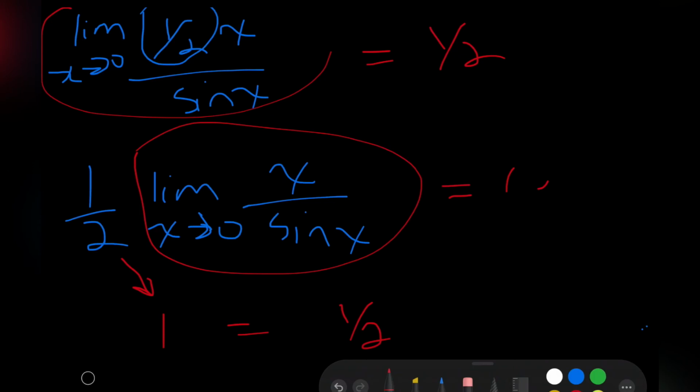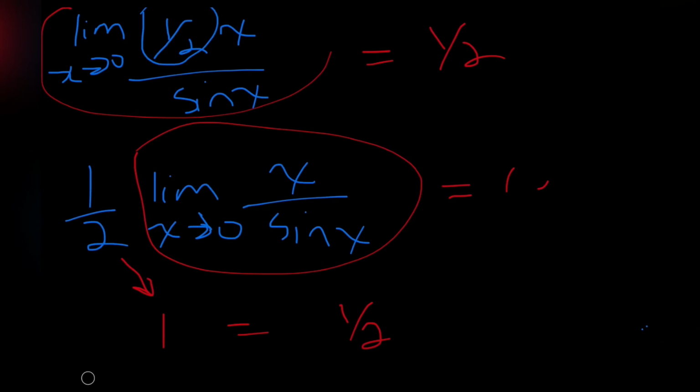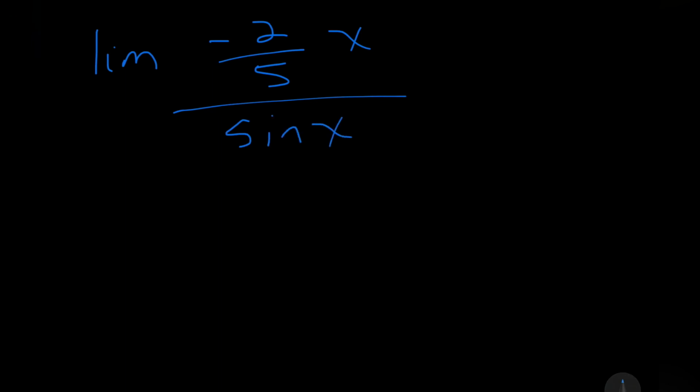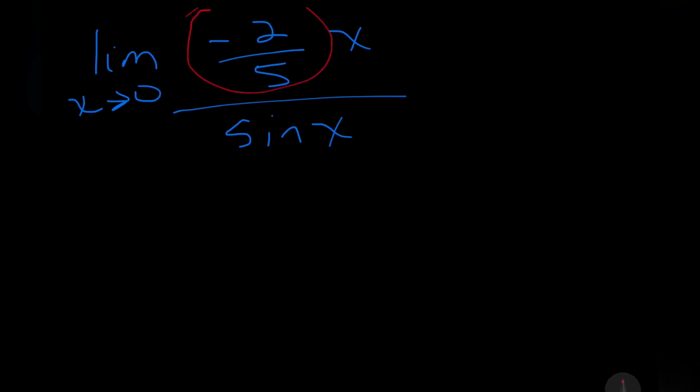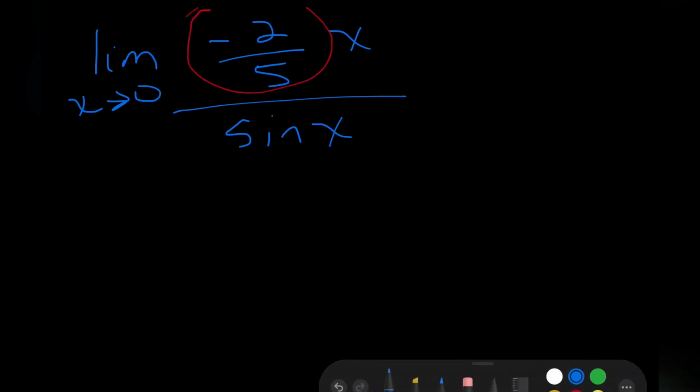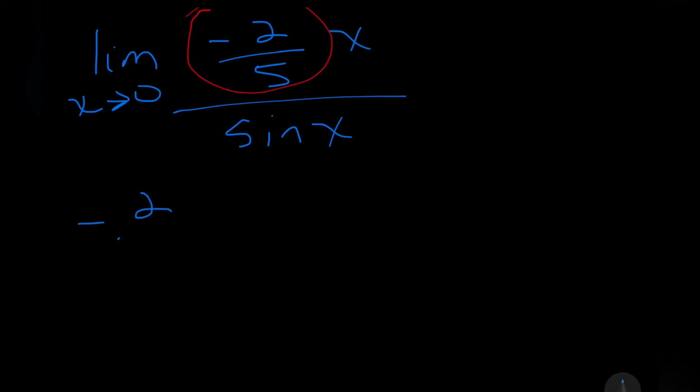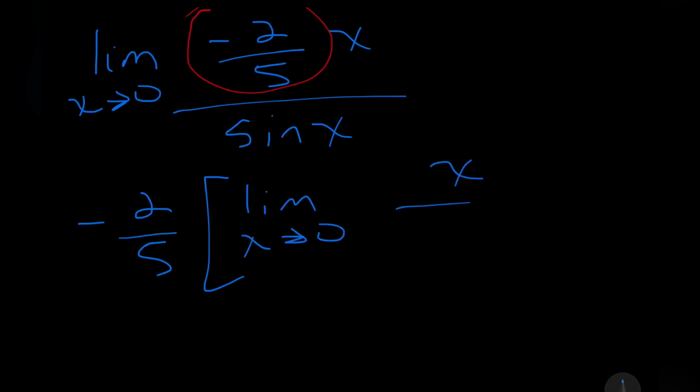Let's do a similar question for clarity. You have the limit of negative 2 over 5x, and all of that is over sine x, and this is as x approaches 0. The first thing we want to do, as before, is to factor out this constant here. When we factor out that constant, we'd have negative 2 over 5 times the limit of, as x approaches 0, of x over sine x.